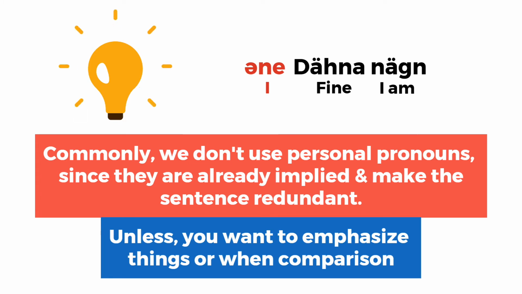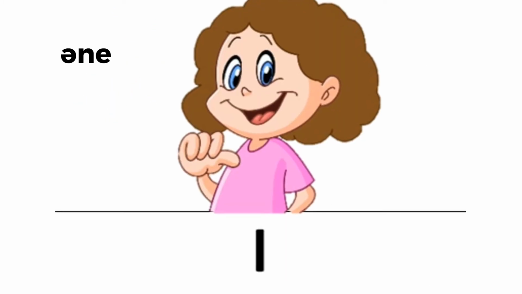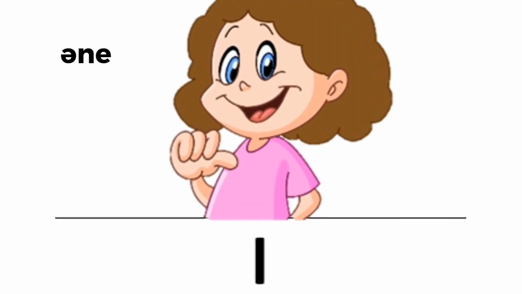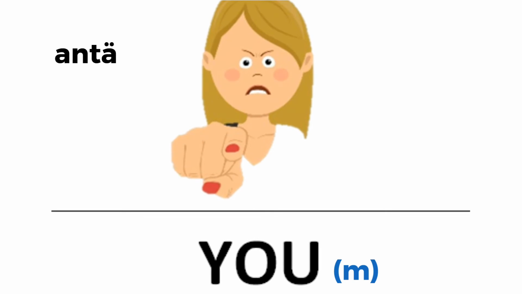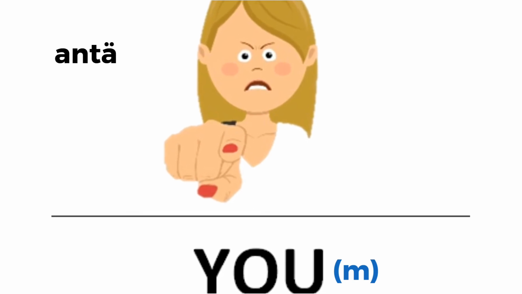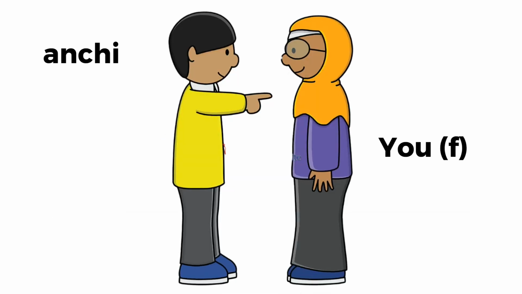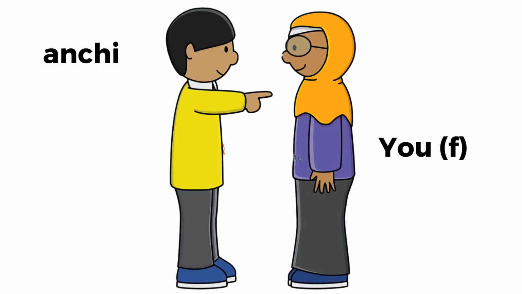On this video, we will only learn the personal pronouns for I, you male, and you female. So the personal pronoun for I is ane. For you male is anta. And you female is anchi.